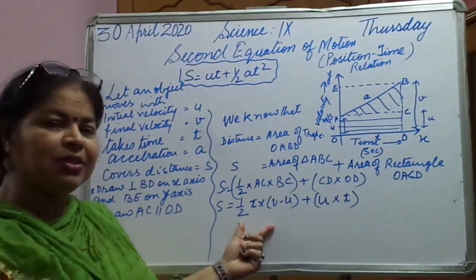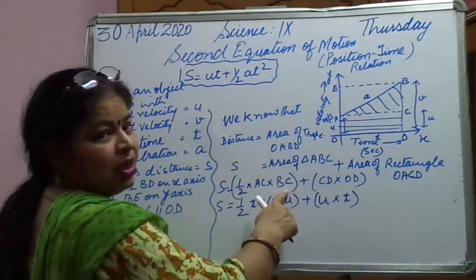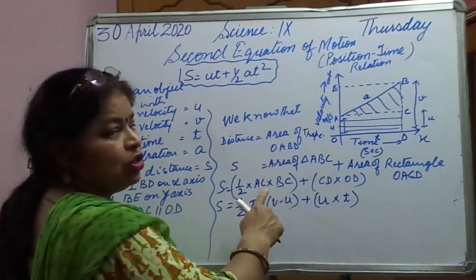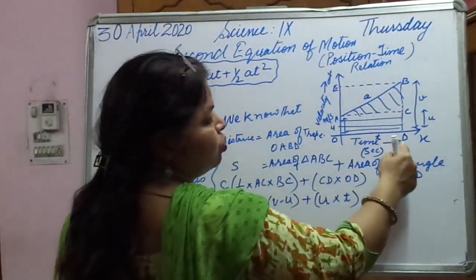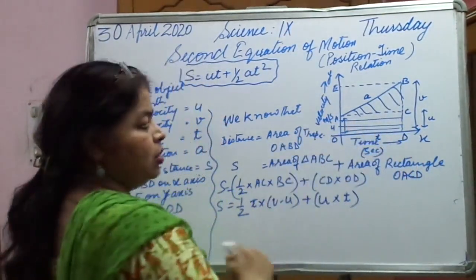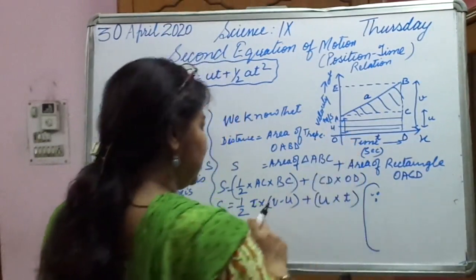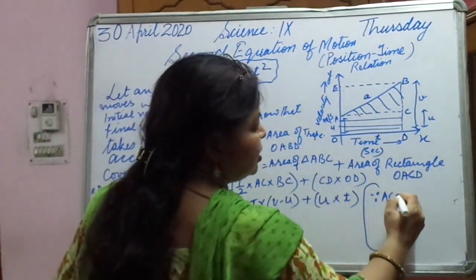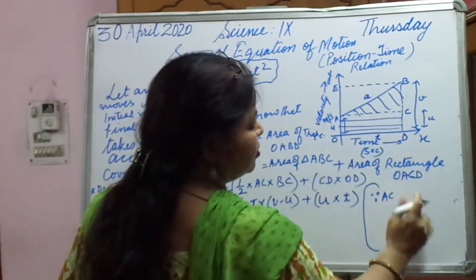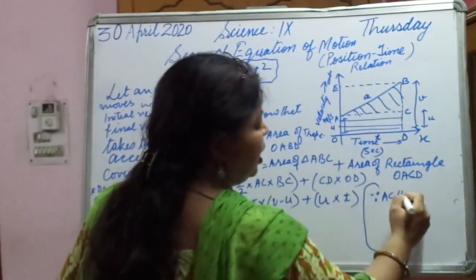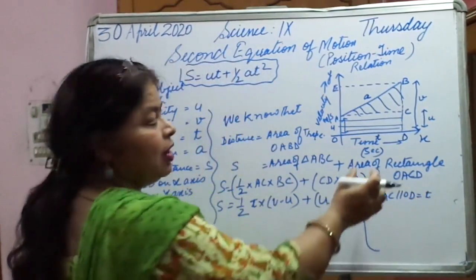So I hope everything is clear. Let us again repeat. Half AC into BC means base into height. Base AC is equal to OD is equal to T. So we are going to write all these. First let us take AC. AC is parallel to OD, and they are equal to T. What is the value of OD?